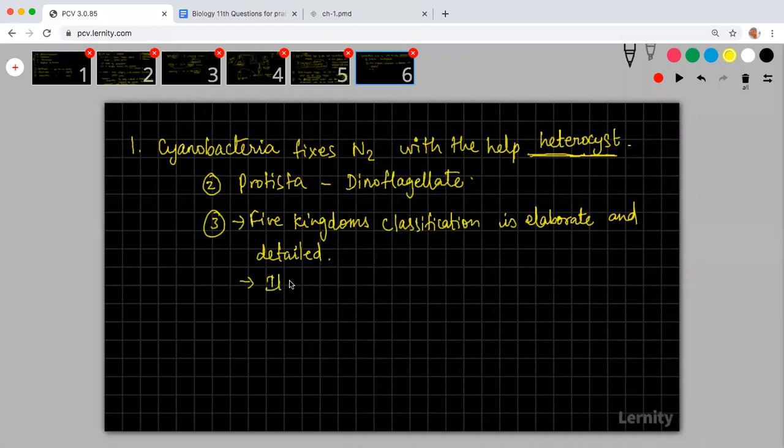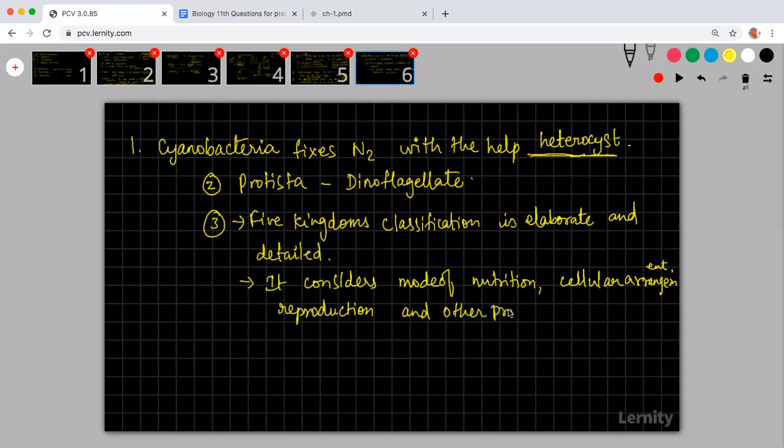It considers mode of nutrition, cellular arrangement, reproduction, and other properties, bringing different kingdoms separate. Okay, so something of this sort you have to write.